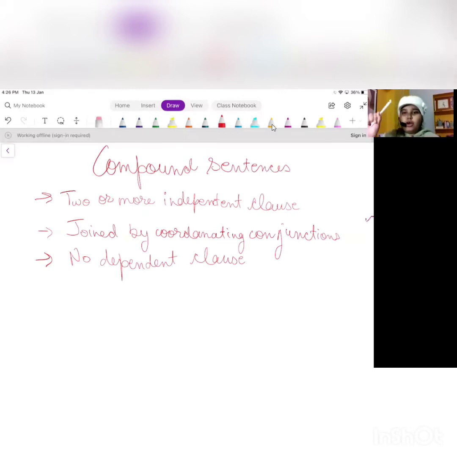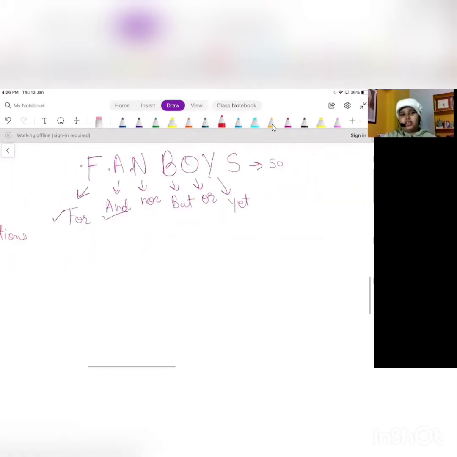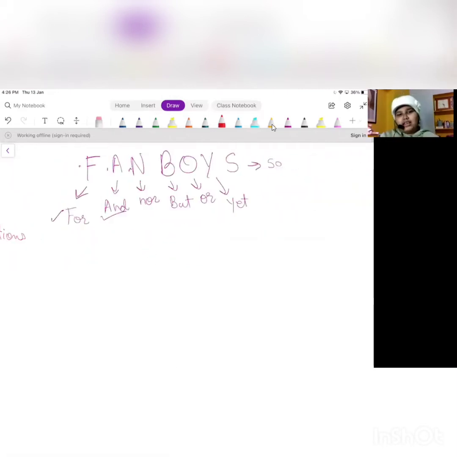Second point, joined by coordinating conjunctions. There are no dependent clauses. The easiest way to learn coordinating conjunctions is fanboys. F stands for for, A for and, N for nor, B for but, O for or, Y for yet, and S for so.